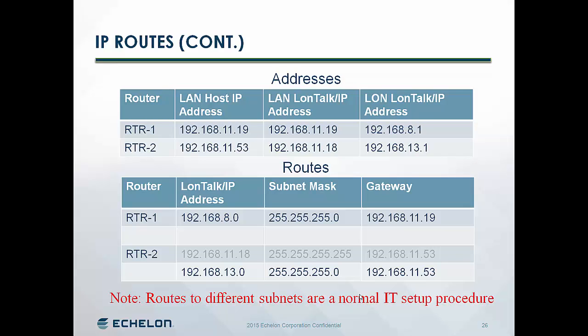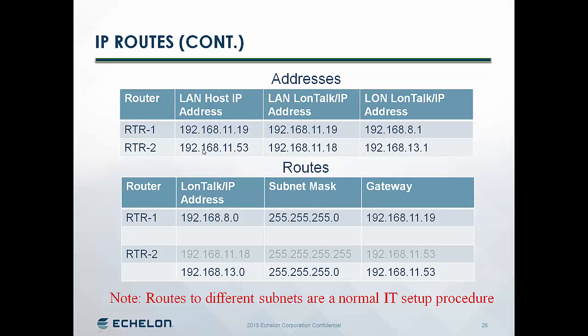So in this particular instance, router 1 has a LAN host IP address of 192.168.11.19 and a LAN side LonTalk IP address of 192.168.11.19. So they're both the same, so we're very lucky in that particular instance. And the FT side is at 192.168.8.1. So we're dealing with the 8 subnet on the far side of router 1.